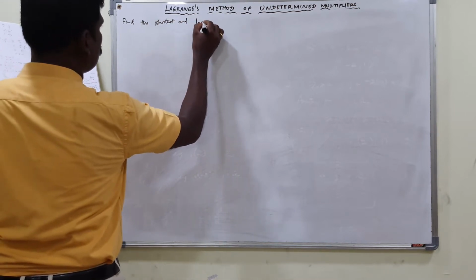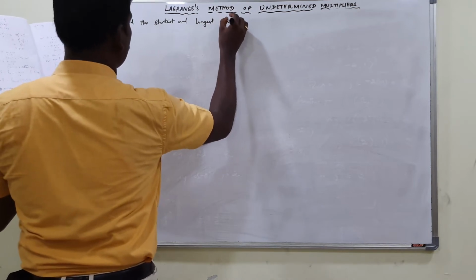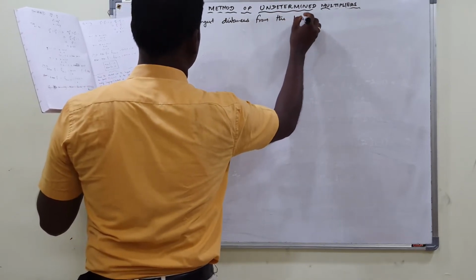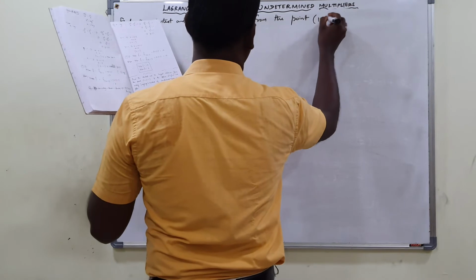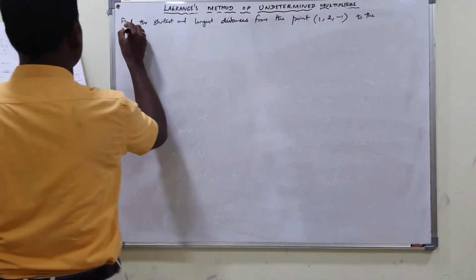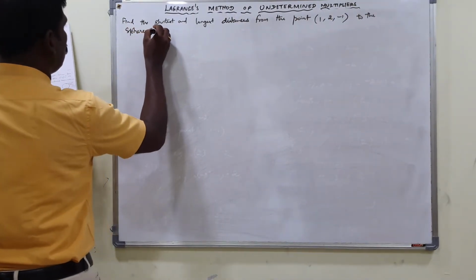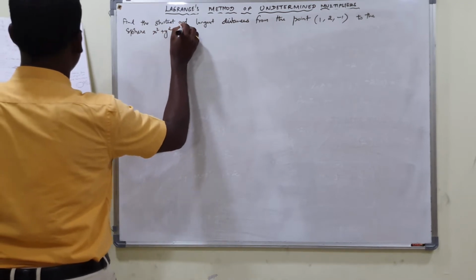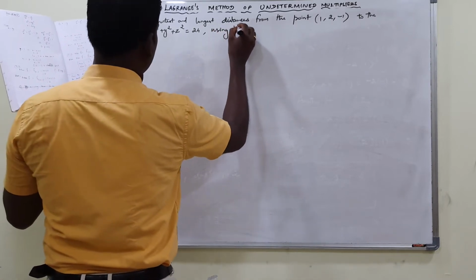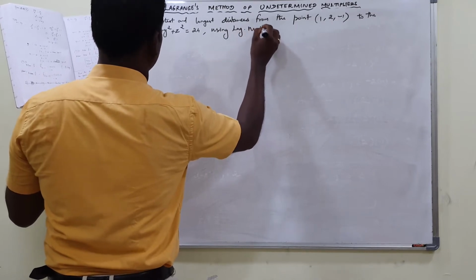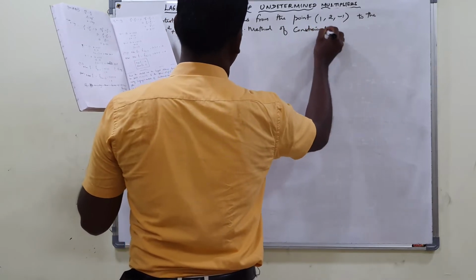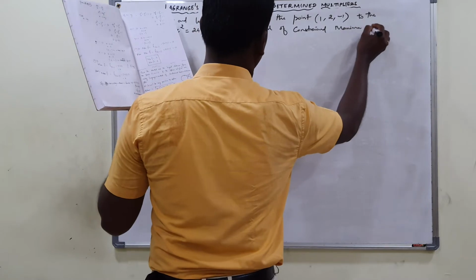Find the shortest and longest distances from the point 1, 2, minus 1 to this sphere, x square plus y square plus z square equal to 24, using Lagrange's method of constraint maxima and minima.